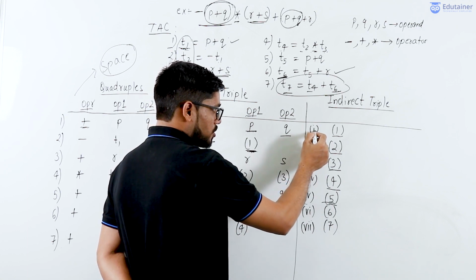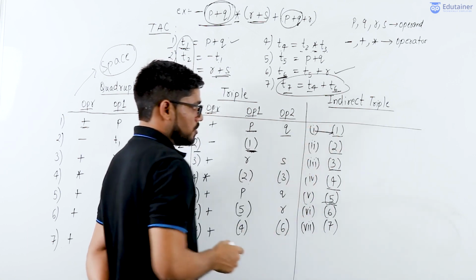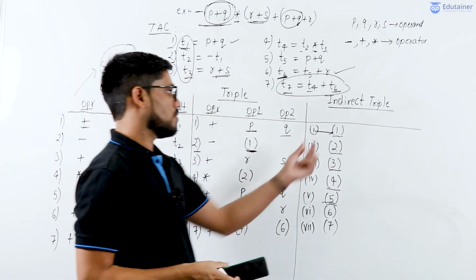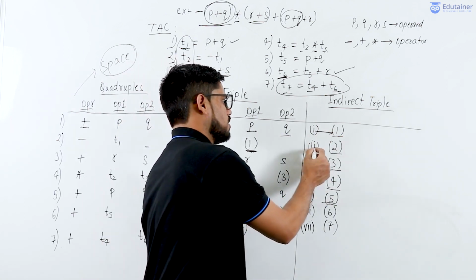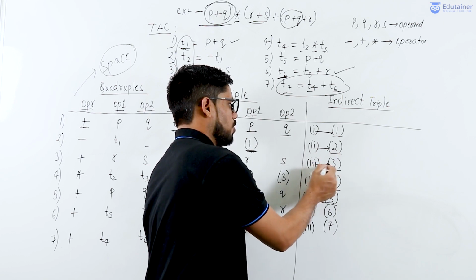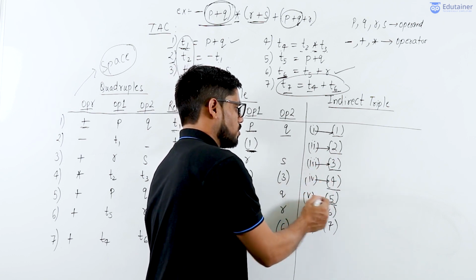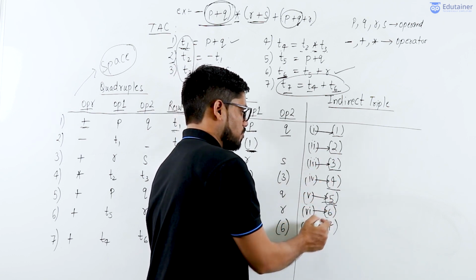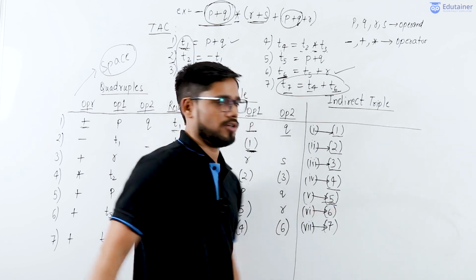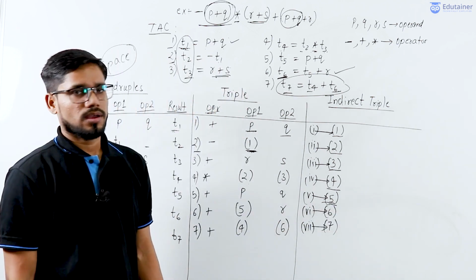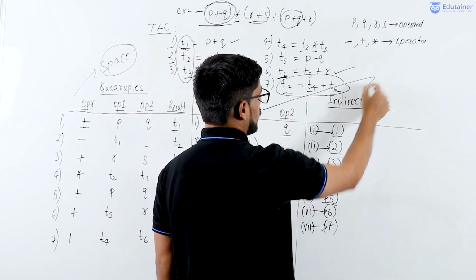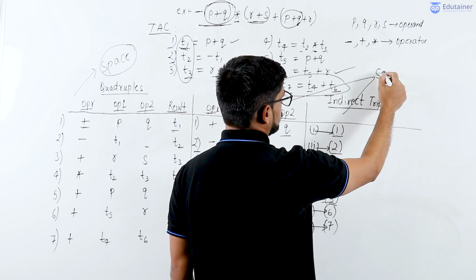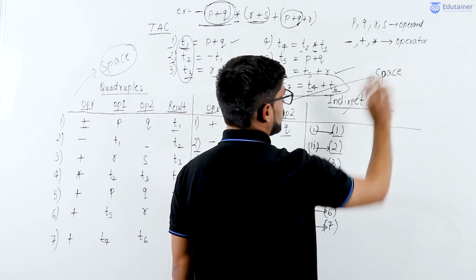So Roman number 1st corresponds to instruction number 1, and it is operated in this memory location. Similarly, this will point to the 2nd, this to the 3rd, this to the 4th, this to the 5th, then the 6th, and finally the 7th. So in triple and indirect triple, I can save space. Space is definitely saved. It is the advantage part.